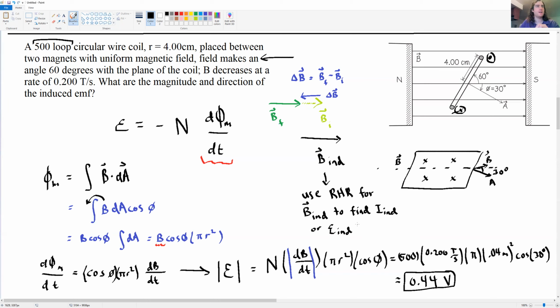That's what you want to do. You find the change and then you do something with the opposite of the change. So it's a 3-step thing here. Figure out what the change is, then go opposite to the change, and then use your right-hand rule. Find the change, go opposite the change, and then use the right-hand rule.